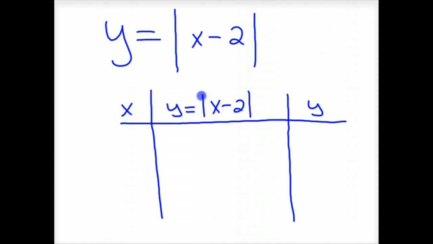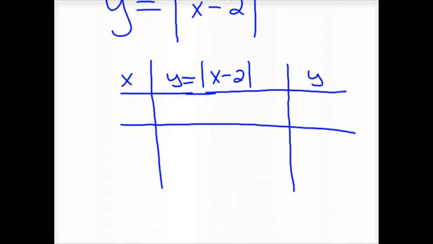And it's just like guess and check. You're just going to guess and check some x's and see what the y ends up being. You want to pick some positives, some negatives, just a little bit of everything. I'm just going to go in order, so it's always nice to see if you get a pattern.